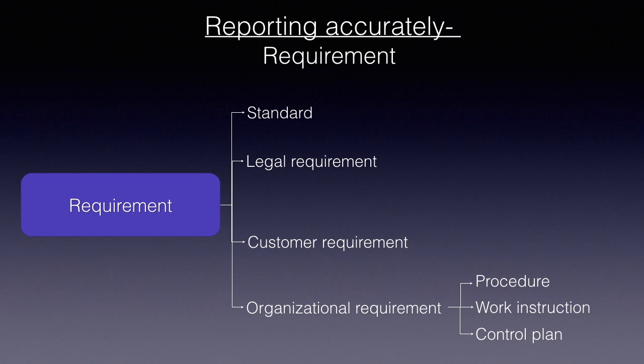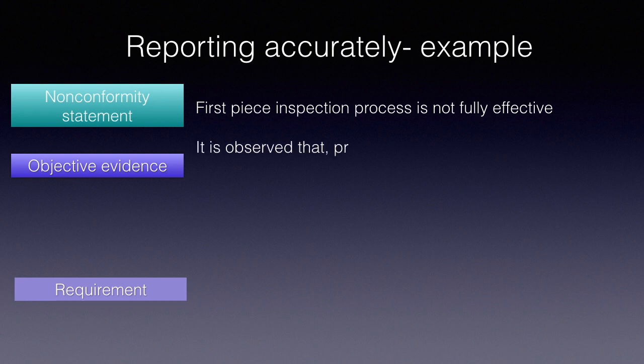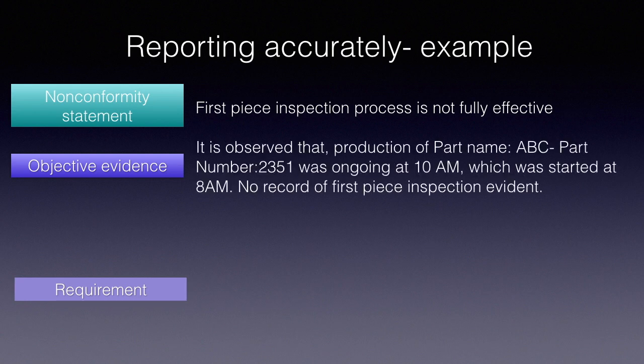Let's look at an example of documentation of a non-conformity. Non-conformity statement. First piece approval process is not fully effective. Objective evidence. It is observed that production of part name ABC, part number 2351 was ongoing at 10 am, which was started at 8 am. No record of first piece inspection evident. Requirement reference.